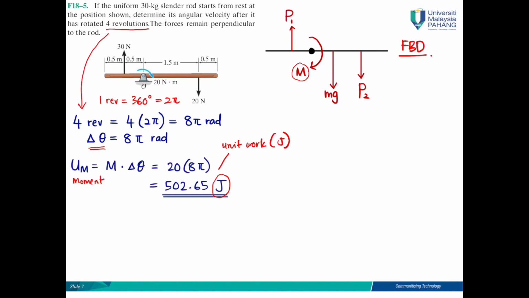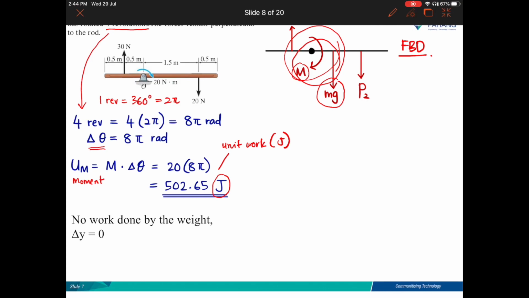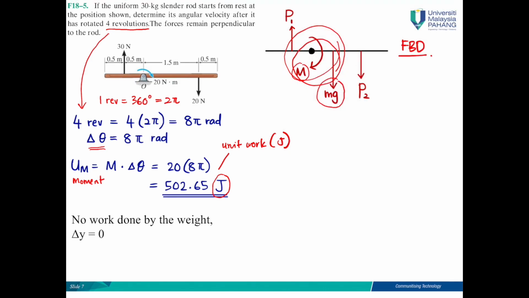The next thing is if you look at the weight here, the weight mg, after the rod has rotated 4 revolutions, you imagine the rotation of 4 revolutions, it still remains at the same point. So let me do this again. I will erase this.